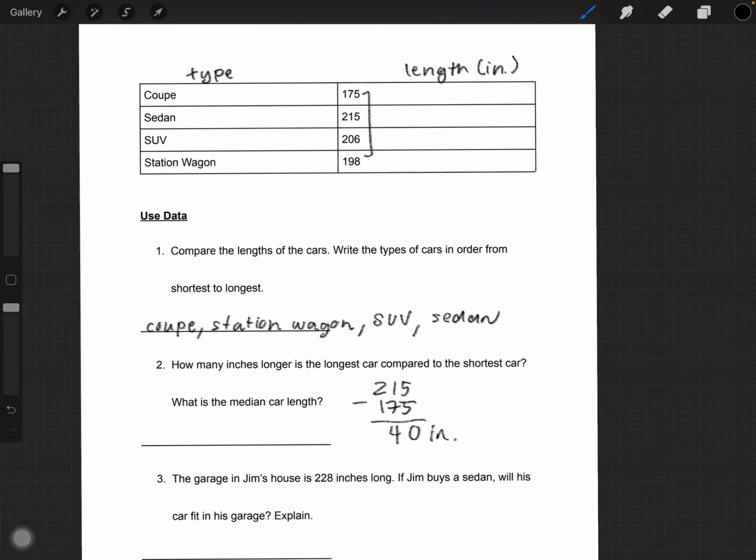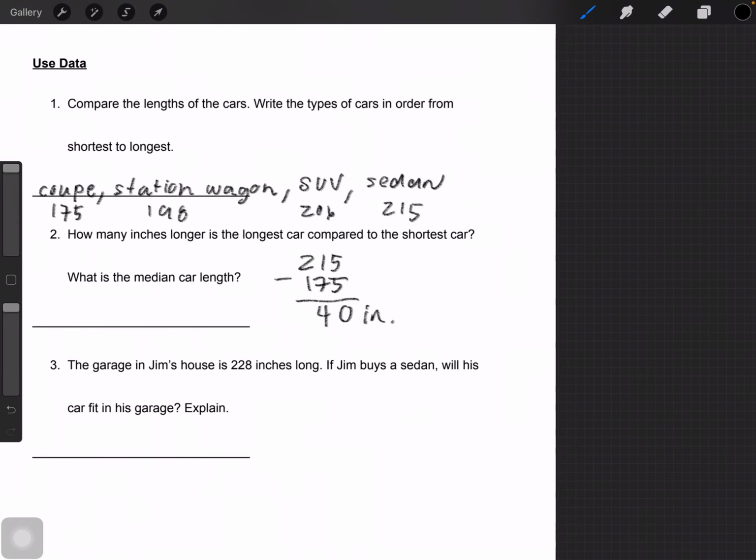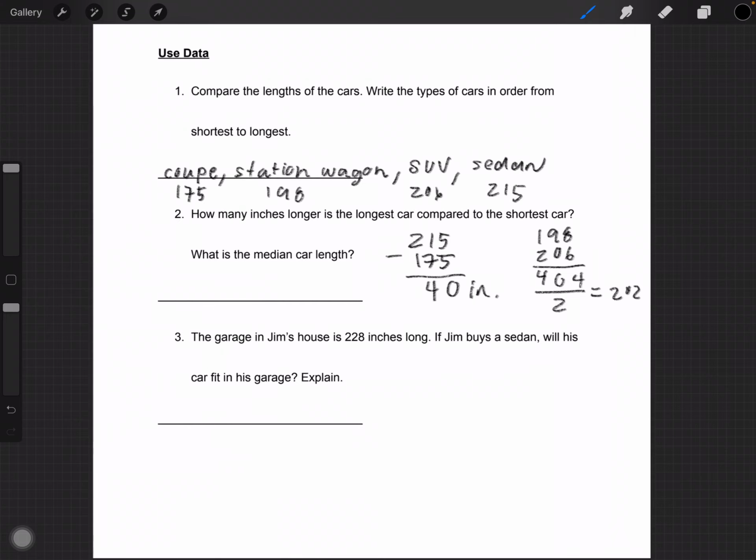And the median car length would be, well, we have 175, 198, 206, and 215. So it would be between 198 and 206. If we add those together, 404, and divide by 2 to find the in-between, the median would be 202 inches.